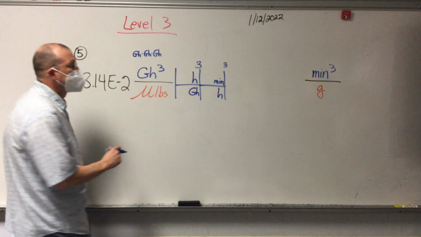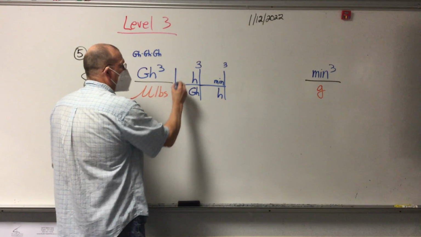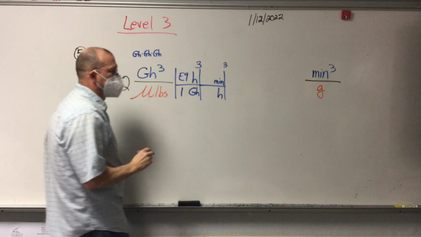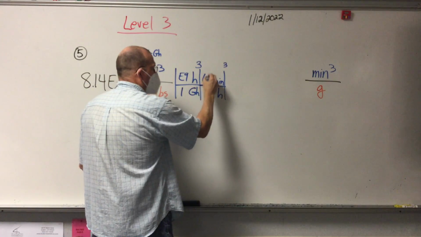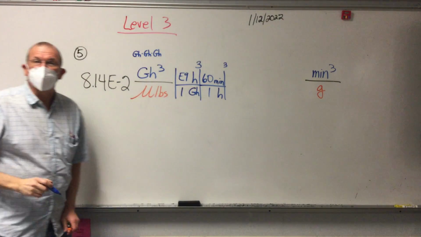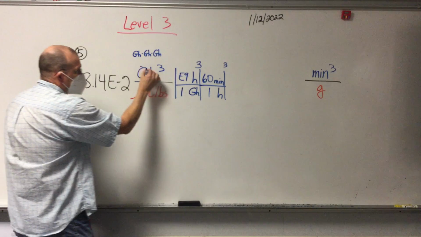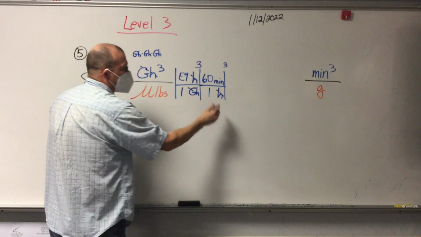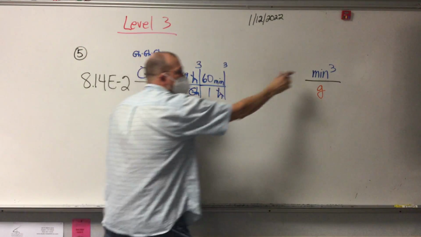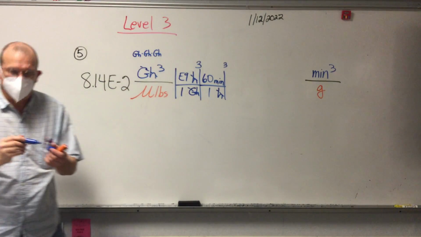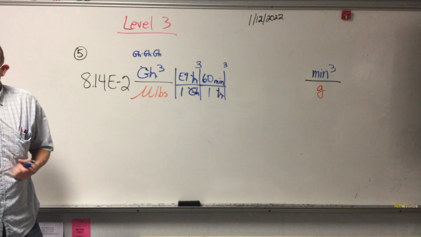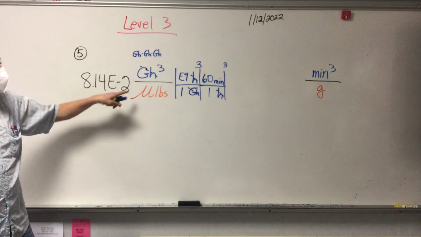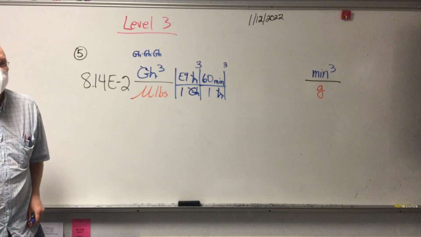You can put 1 at the bottom, and then E9 at the top. Okay, and then 60 minutes, and then okay, and we're good. So this has now canceled that. This one cancels that. We've got it cubed, and so now we have minutes cubed, and we're good to go. Okay, somebody want to take us through the other one, because there's only one other one.